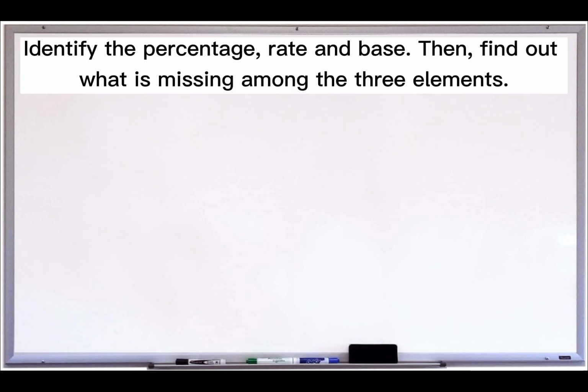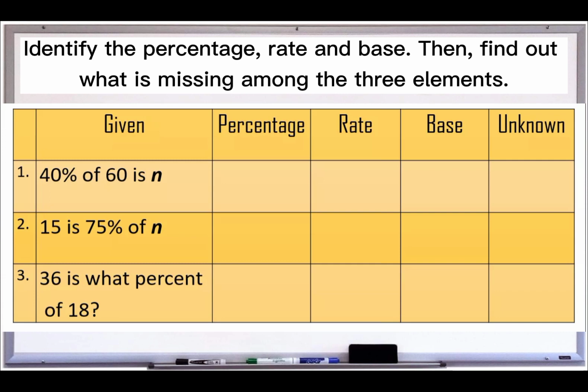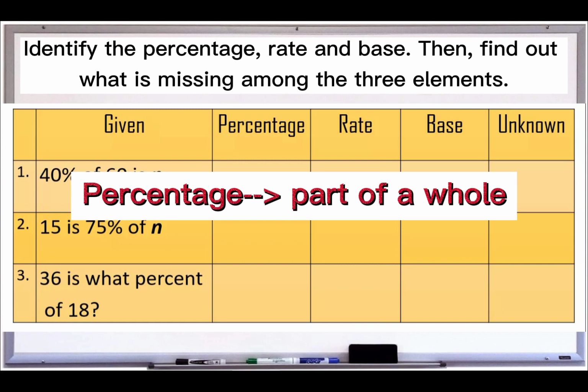Next, let us have a review with our previous lesson in Mathematics 5 about identifying percentage, rate, and base in a problem. And then we are going to find out what is missing or what is the unknown among the 3 elements. Again, when we say percentage, it is just part of a whole or kaparte lang siya ng kabuuan.